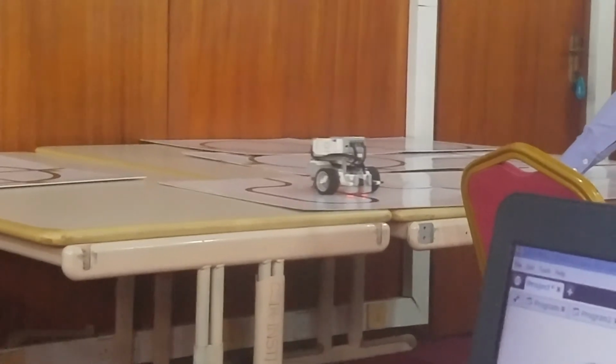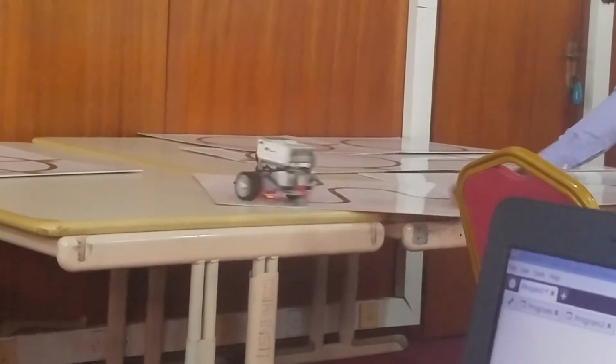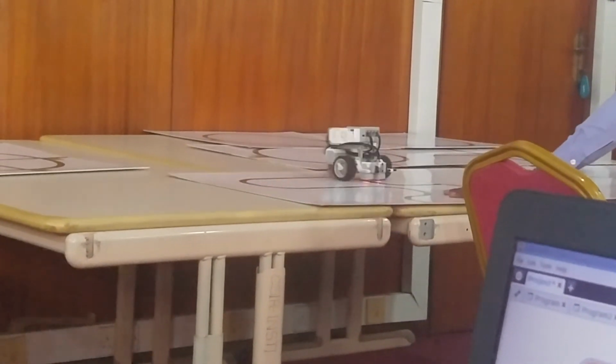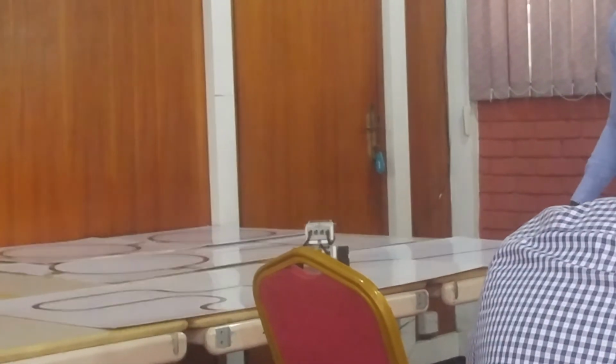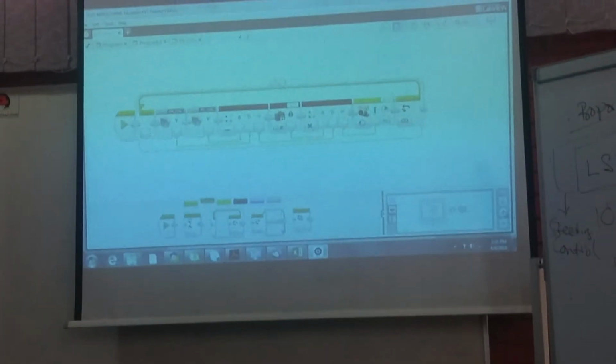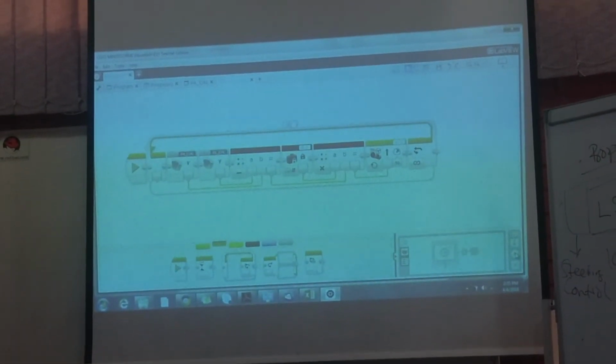So you can see it has a higher speed and then higher control. What you need to do is understand the control variables that you are using.